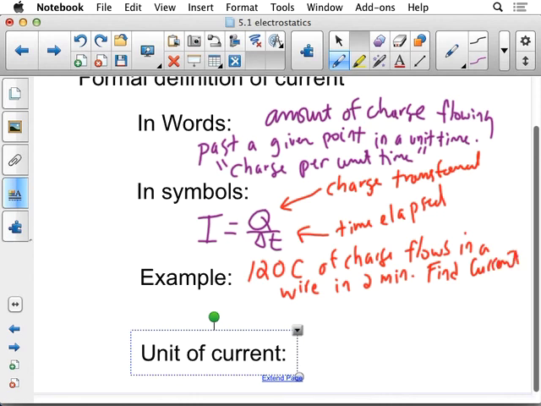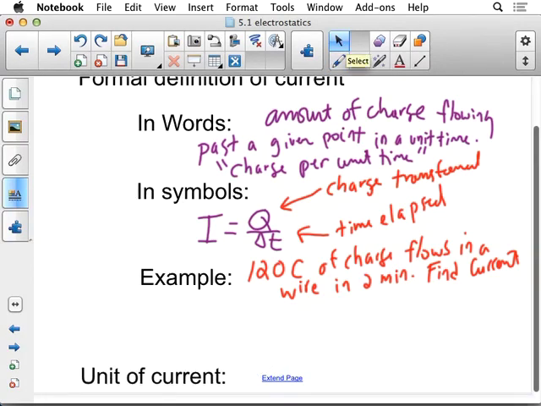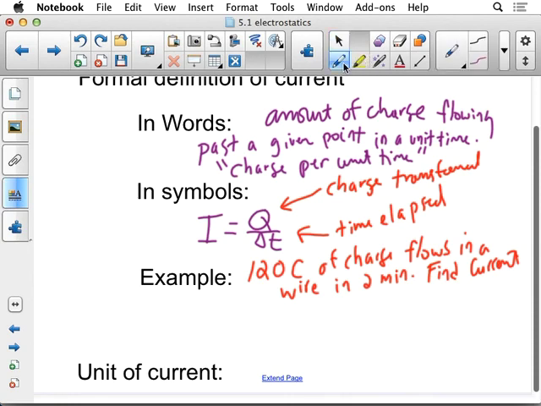Okay, do that now. If 120 coulombs of charge, I'll draw a little picture of this. 120 coulombs of charge flowing in a wire. So here's a wire. Big, thick wire. And the wire has, of course, lots and lots of charges in it, but I'll only represent that some of the charges are moving.